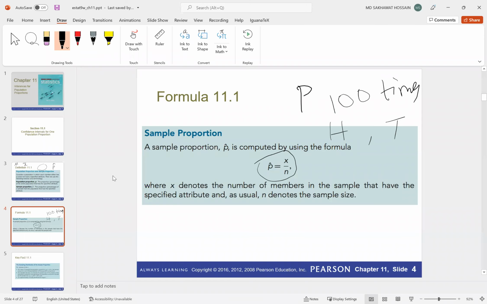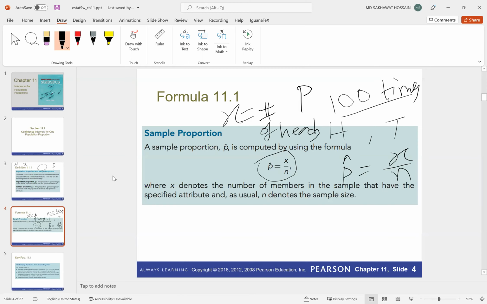Now we want to know what is the percentage of getting heads. If X denotes the number of heads, then P hat is equal to X, the number of heads, divided by the total number of tosses, right?